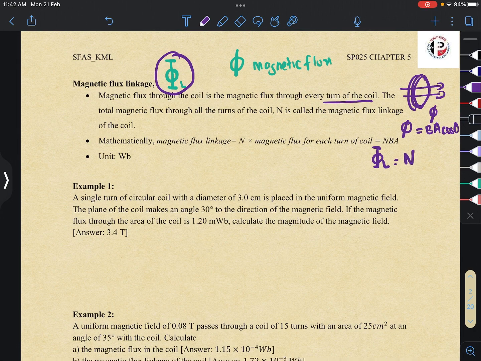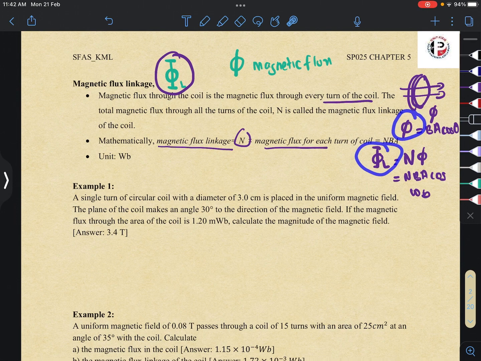Therefore, you have to multiply N with the flux for every single turn. So mathematically, as given here, magnetic flux linkage is N multiplied by the magnetic flux for each turn, which is NBA cos theta, where the unit here is still Weber. The magnetic flux linkage has the same unit as magnetic flux.